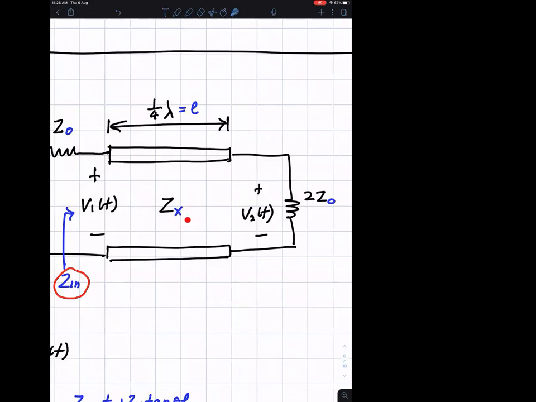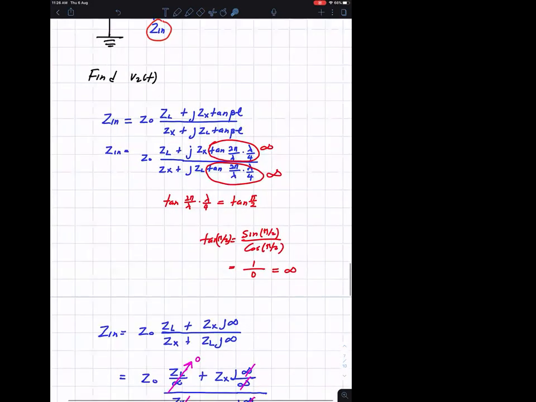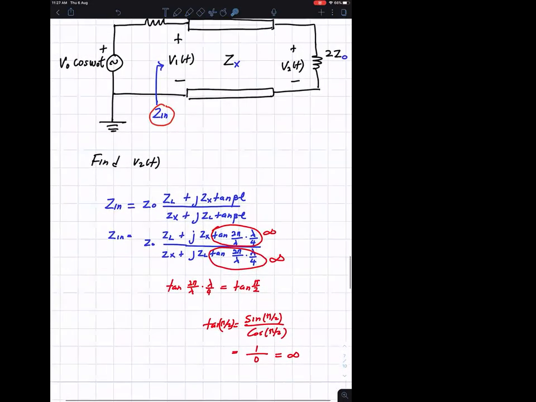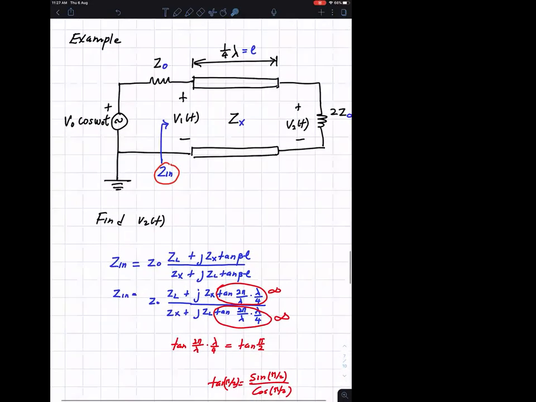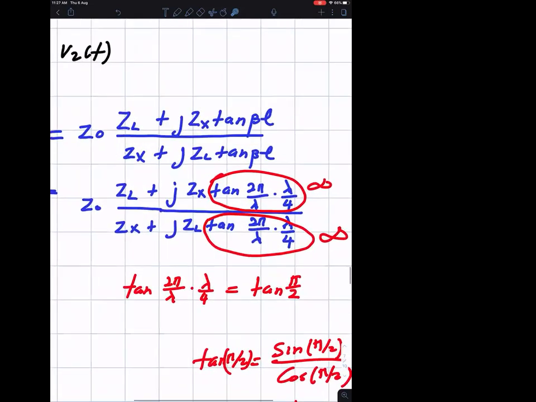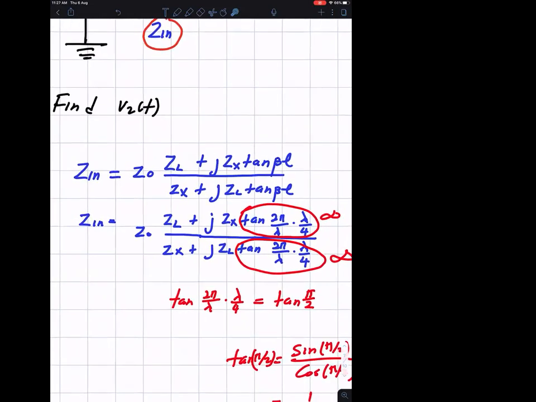I'm just calling this ZX. So the input impedance looking into this is given by this formula. This is the load impedance.